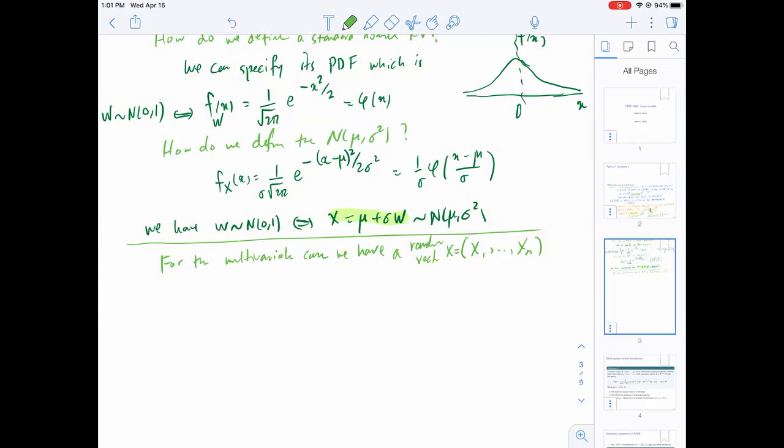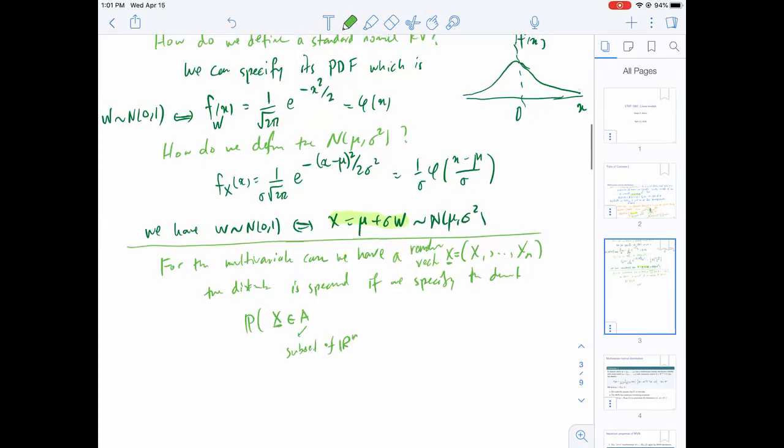And to specify the distribution, if we specify the density, so the density would be, in this case, so I would still have x, this is now a vector belonging to A, this is a subset of Rn. So for any subset of Rn, I would have a density which when I integrate out, again, the same idea.